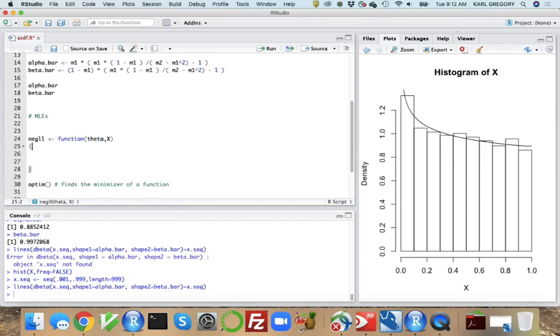Then I'm going to feed it the data x. I'm going to get from x the sample size. I'm going to get alpha as the first entry of theta, beta as the second entry of theta.